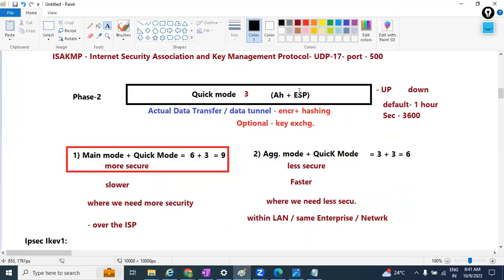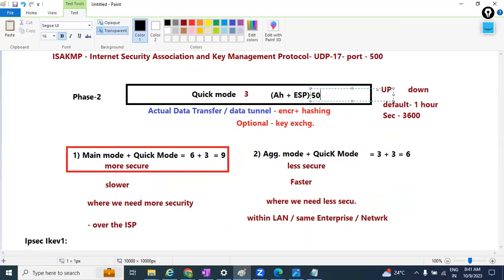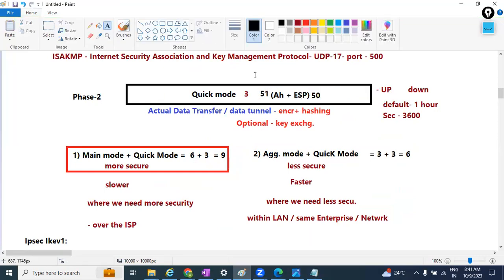And for ESP, which protocol number do we have? Protocol number 50. And for AH, which protocol number do we have? 51. But for ISAKMP, this one will remain the same. So what is the AH protocol number? 51.